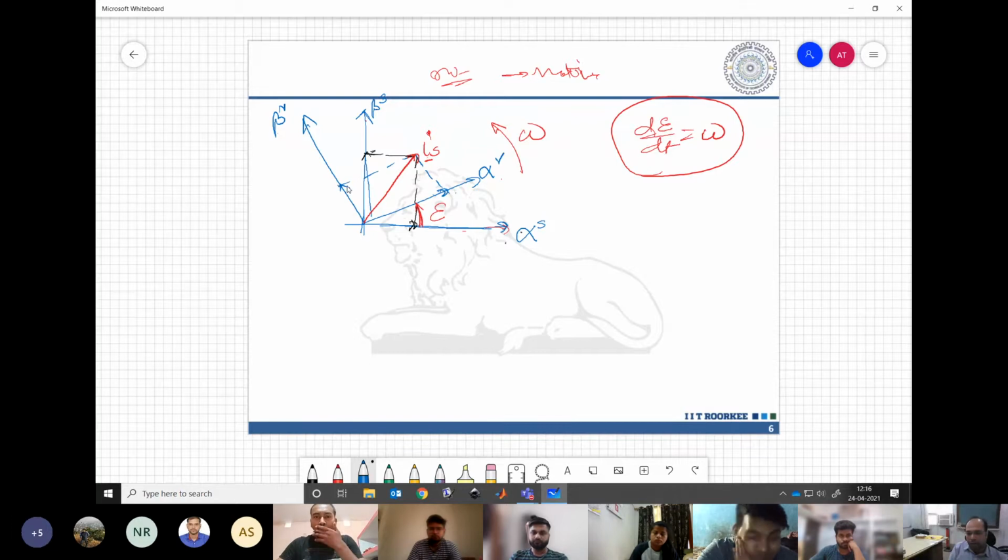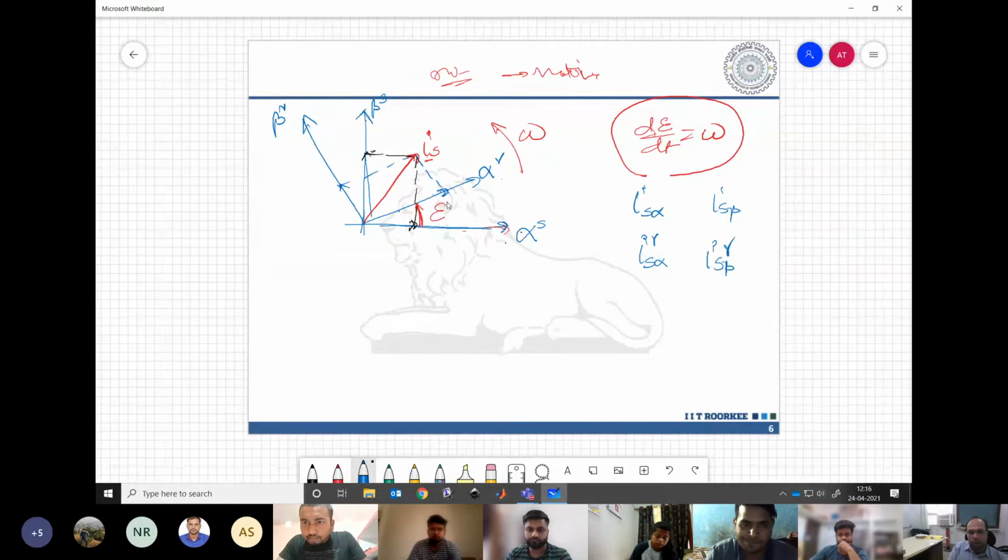So for alpha s, let us say this is Is alpha and Is beta, then the other component, let me not write the superscript when it is native, can be written as Is alpha r and Is beta r, which is this component.